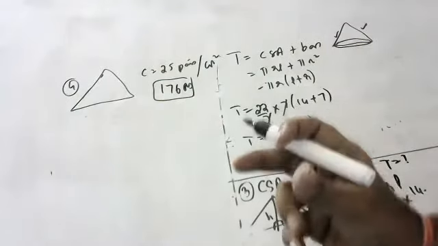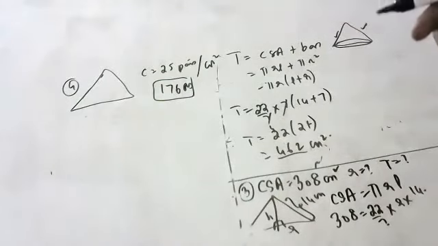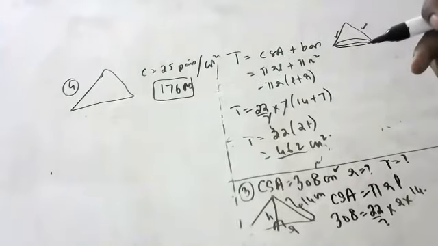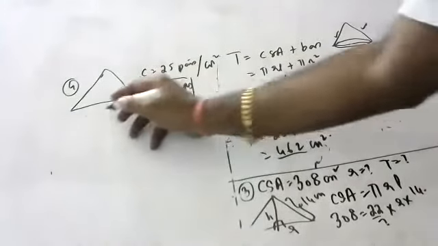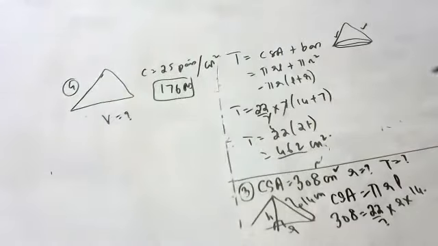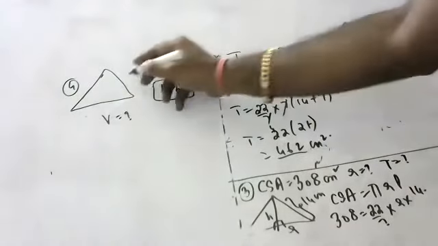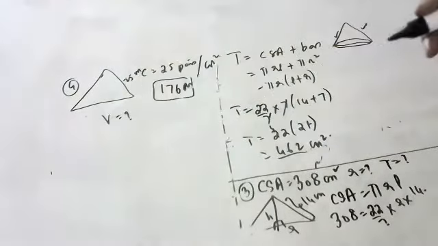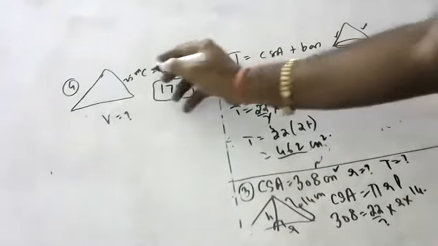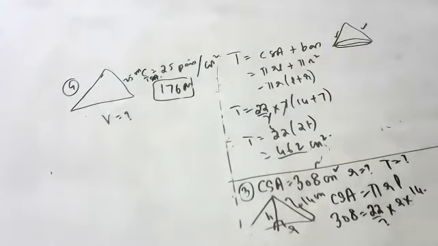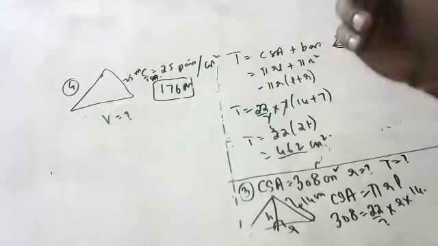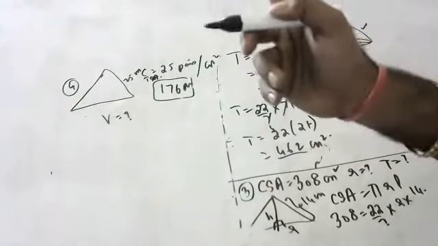Question is, find the volume of the cone if slant height of the cone is 25 centimeters. And he is painting TSA, children. The cost of painting of TSA total is 176.